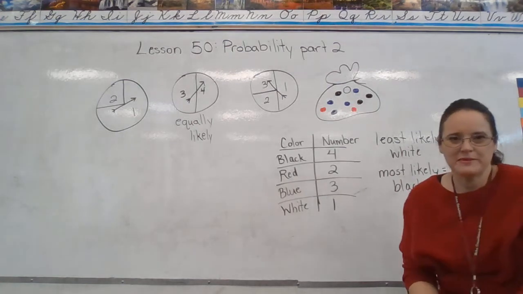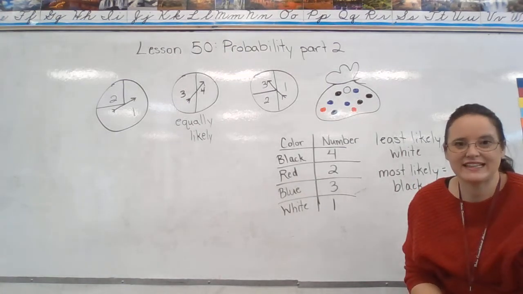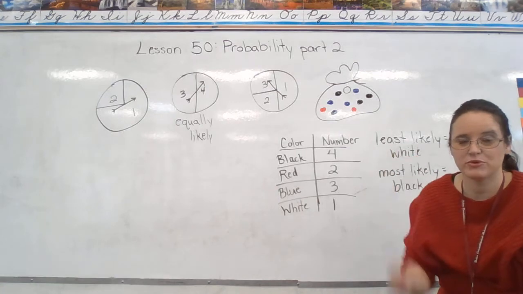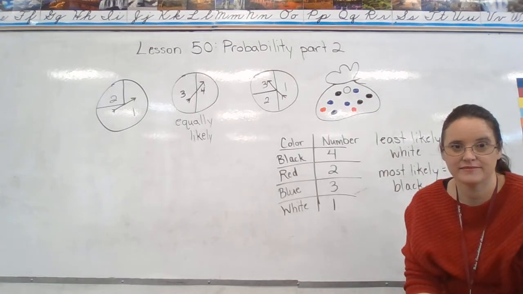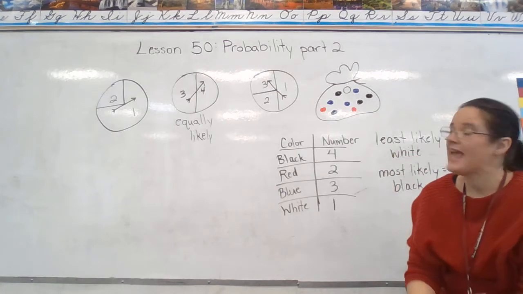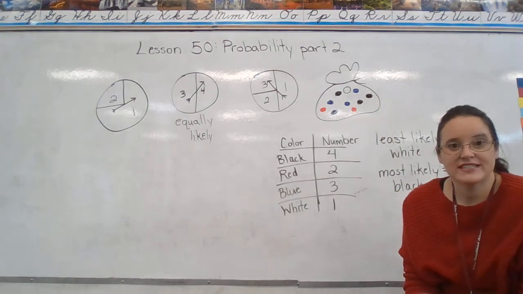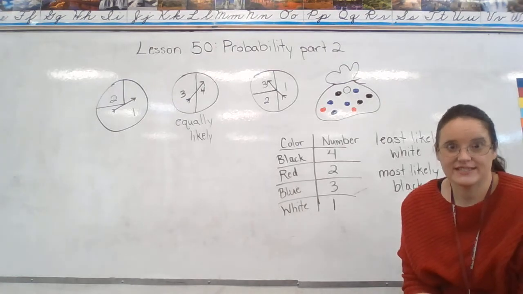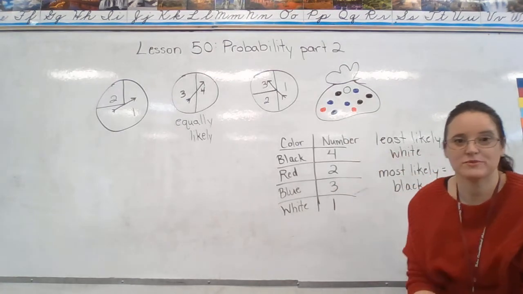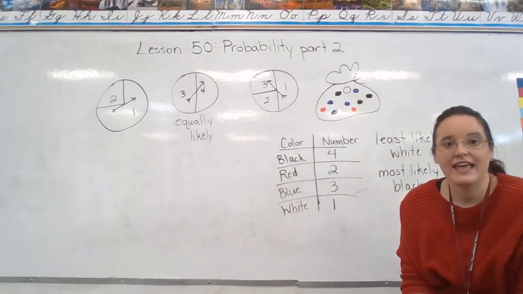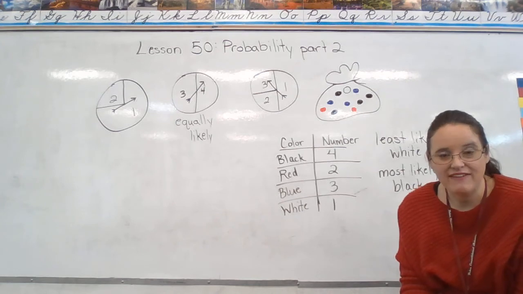So, with probability, just because it's most likely, am I definitely going to pull a black marble out of the bag? Nope. Any of these marbles are a possibility. It's just that there's more options to pick a black one because there's more black in the bag. If you've ever been to a raffle, you've seen this take place.